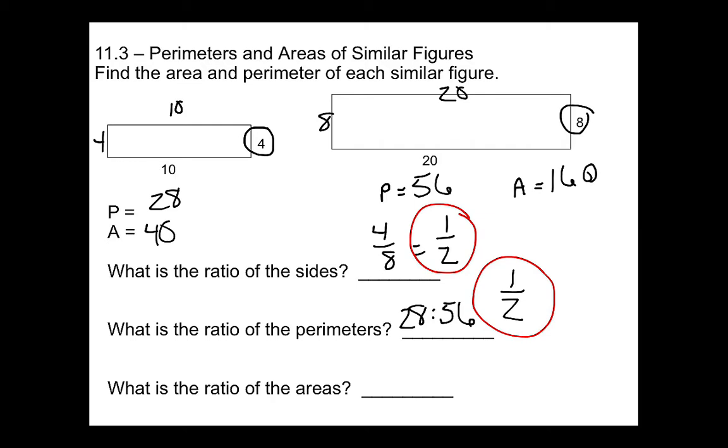But if you look at the areas, the area of the small rectangle was 40, while the area of the big rectangle was 160. Well, that reduces to 1 over 4, which is not the same scale factor. In fact, it's the original scale factor squared. 1 squared would be 1 and 2 squared would be 4.